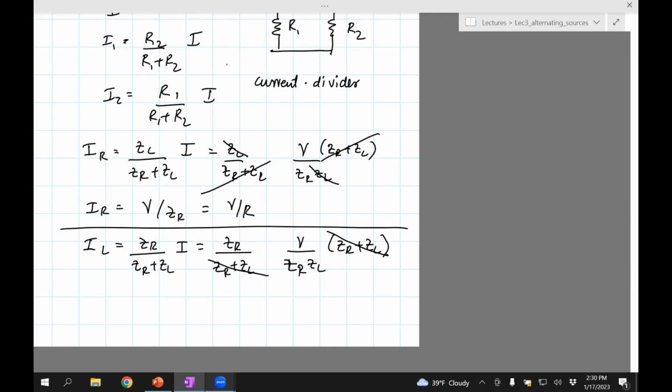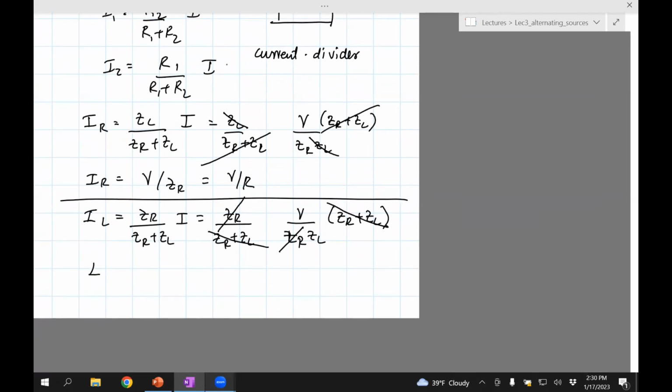So this cancels with this, and this cancels with this, and I'm left with IL equals V divided by ZL, which is V divided by j omega L. This is IL.